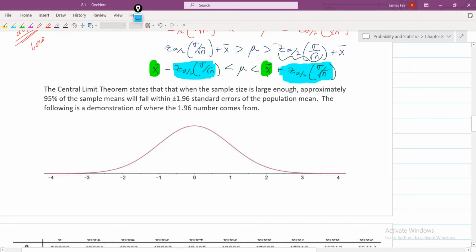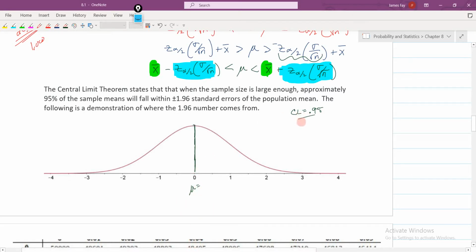So if we've got 95% as my confidence level, so the confidence level is 0.95. Ignore the numbers down here. Let's just say mu is unknown.